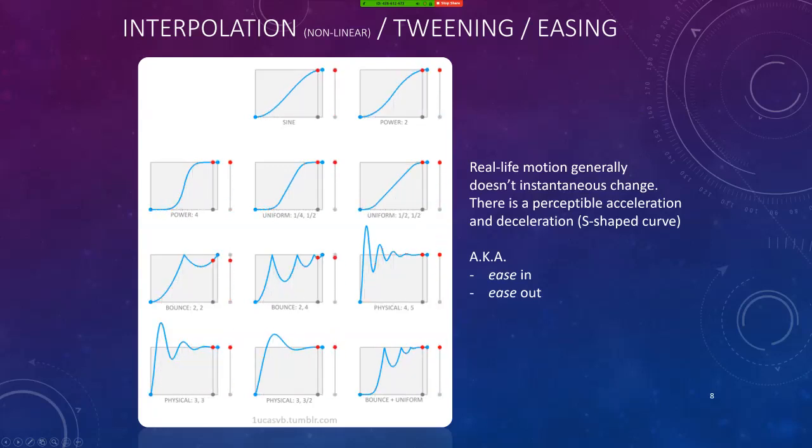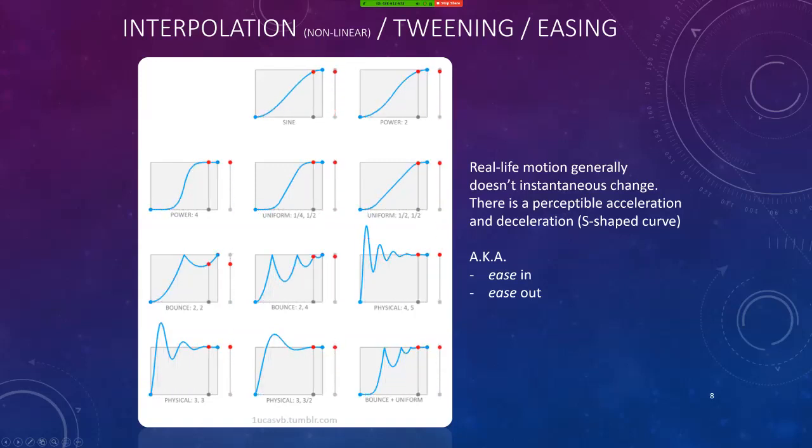And along with the idea of where you're starting from and where you're going to is the idea of how you start out of the gate and how you finish these things off, right? These are known as something in and something out. Ease in generally refers to going slowly when you start, speeding up, and then slowing down when you get out here.